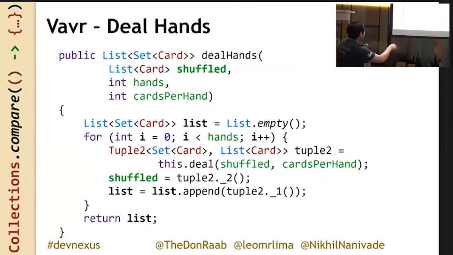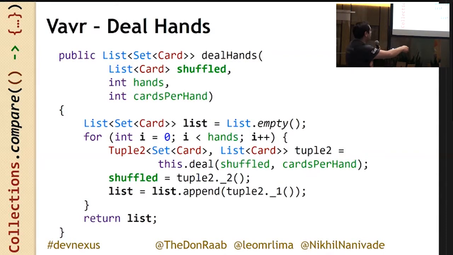Now, the reason why it ends up becoming this way is because Vavr by default is immutable. Each time you're popping something off the Vavr stack, it is going to give you a pair. The pair is what you popped and what remains, right? Does that make sense? Because of that, you end up getting this _1, which is what you popped, and this _2, what remains.